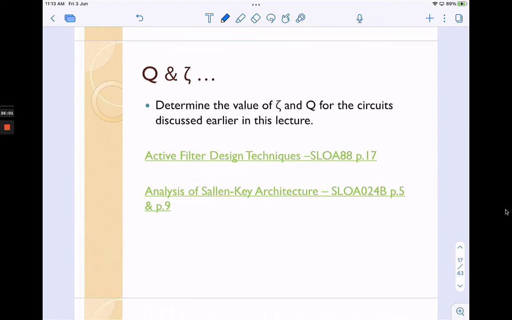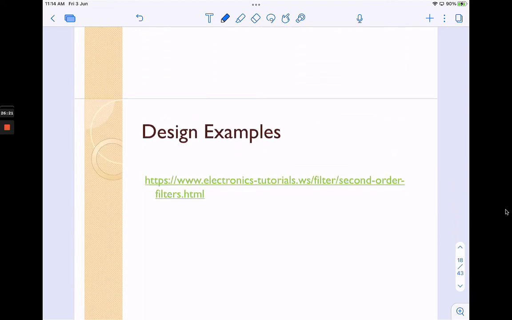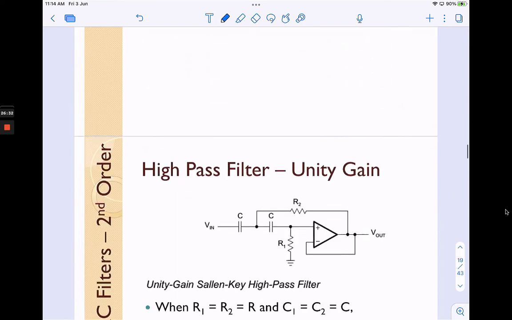I think I put it on the PowerPoint, but it does not appear on the PDF, so just take a look back later on. I also included some examples that you can see. Just follow these websites and many other websites where you can see examples for a second order filter.